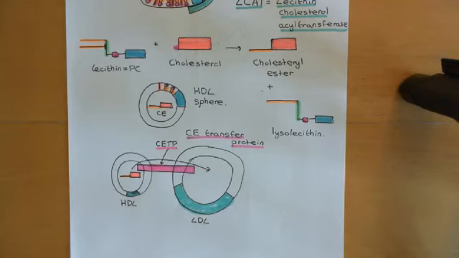What I didn't mention was the fact that HDL can also go back to the liver. HDL particles don't stay in the blood forever. Eventually they do get reuptaken by the liver, and therefore the cholesterol that's in them is going to be reuptaken by the liver, and that's another part of reverse cholesterol transport.